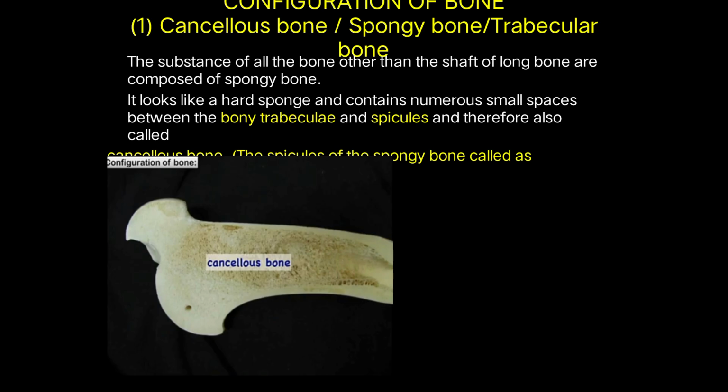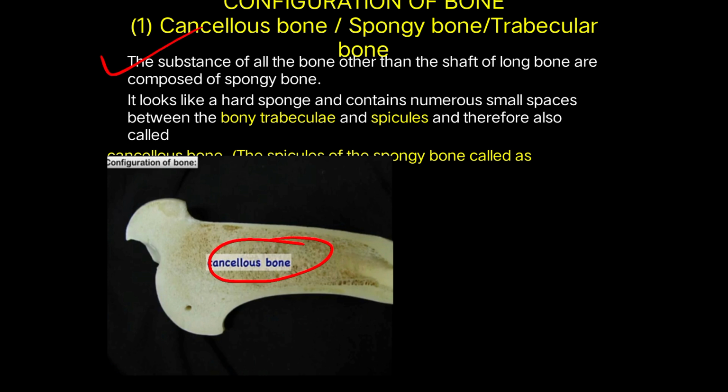Now the next photograph is showing you the configuration of the bone. So cancellous, spongy bone or trabecular bone is found at the end of the bone.